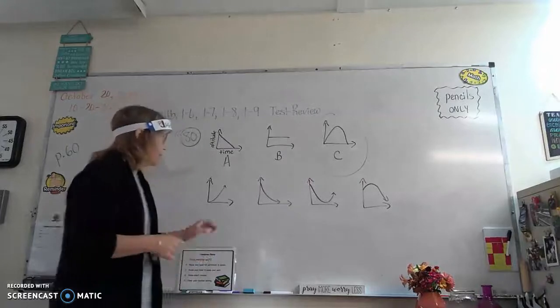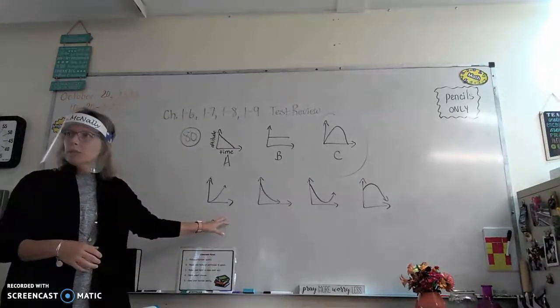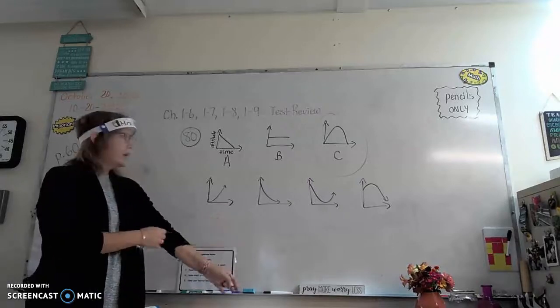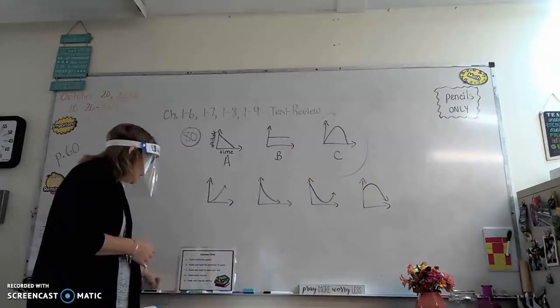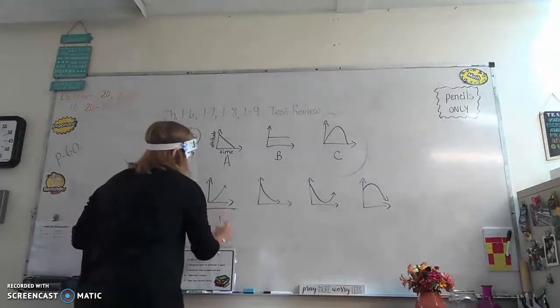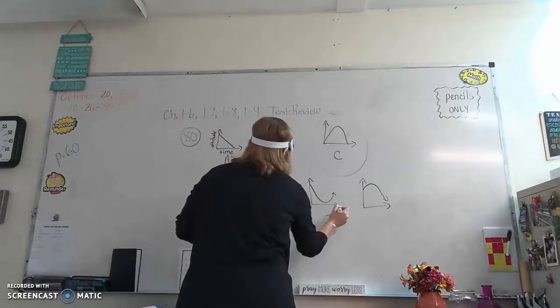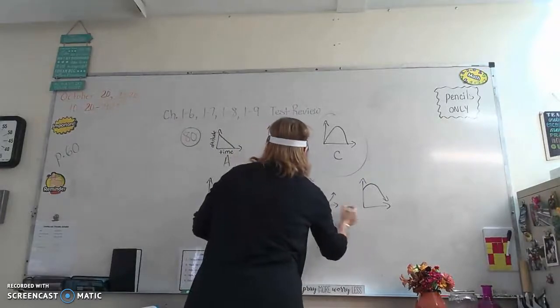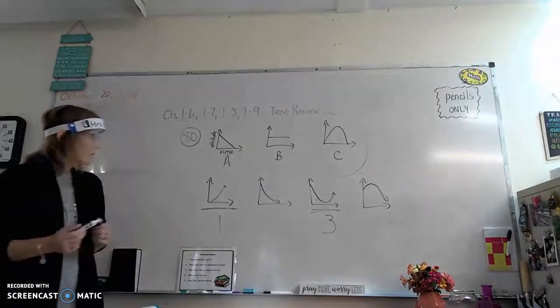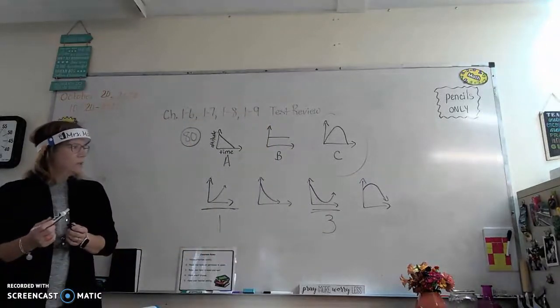Okay, so one last thing I want to go over for the test is you're going to see some graphs that look like this. So let's talk about what these graphs mean and how they're different. Because I see that this graph, we'll call it graph 1, and graph 3, kind of look similar, maybe-ish.